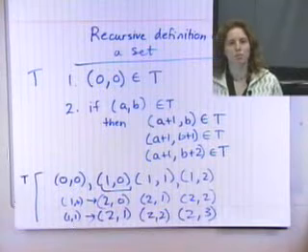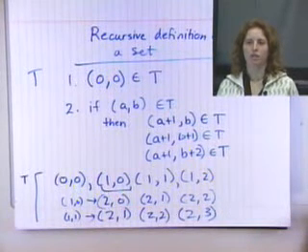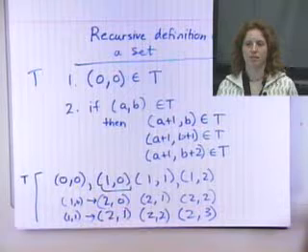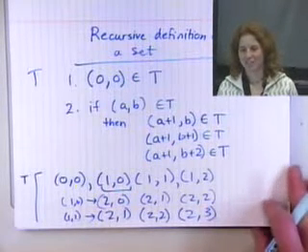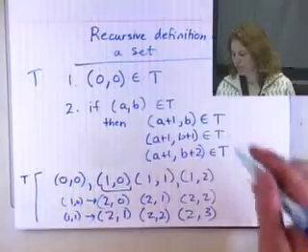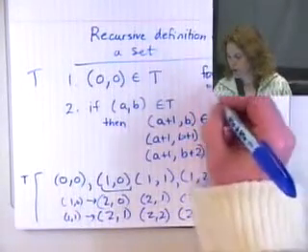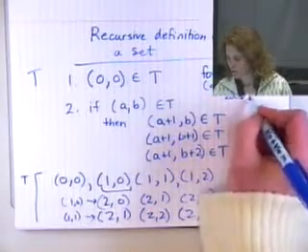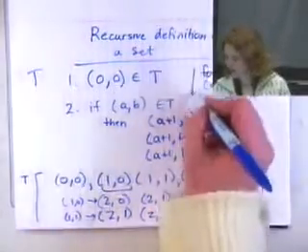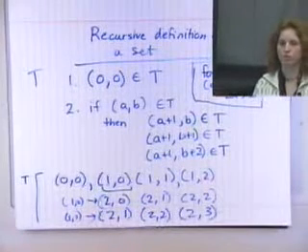But if I wanted to prove something's true for all of the elements of this set, what would I use to do that? Induction. Your favorite thing. So let's say that I wanted to prove for all points (A, B) in T that 2A is greater or equal to B. That's what I want to prove.